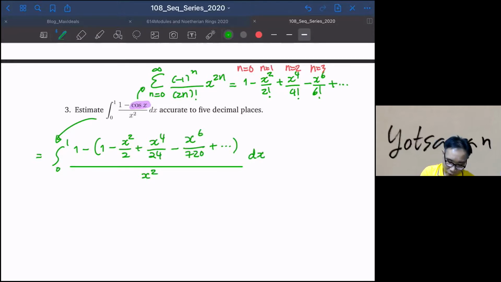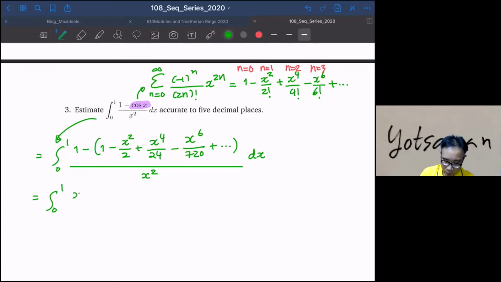When you put this together, the 1 and the 1 cancel each other, and the signs become opposite.